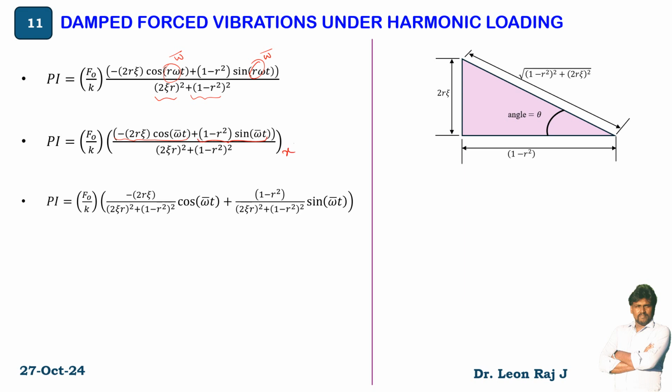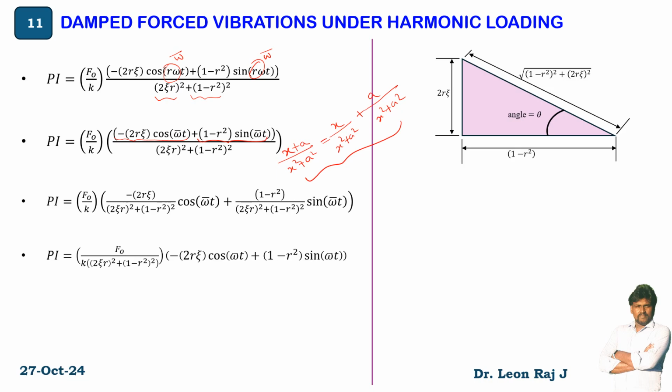If a term is x plus a divided by x square plus a square, then it can be rewritten as x by x square plus a square plus a by x square plus a square. So this is what is written here.